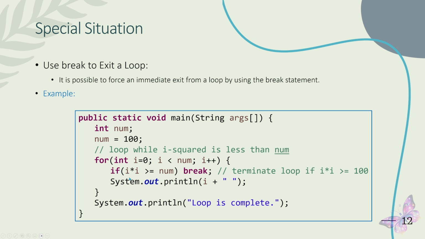As I said, inside a for loop you can also put an if condition. Then we say break, which means it will terminate the loop. When i multiplied by i is greater than or equal to 100, terminate the loop.